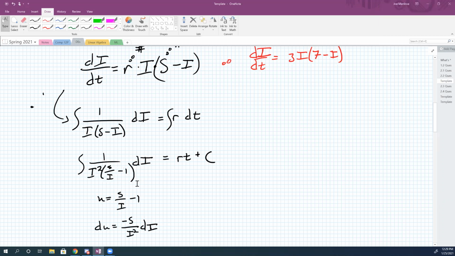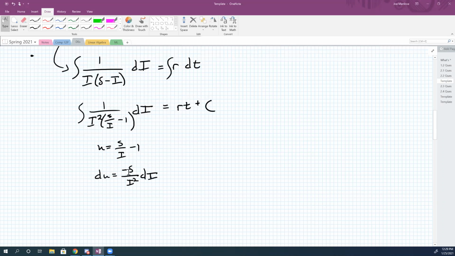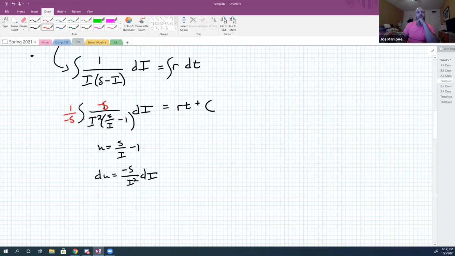Okay. So you're missing a negative S, so you'd have to factor that out to the front in your final integral. In order to get this done, I need a minus S in here, so I need a 1 over minus S out there. This is a weird U substitution method. Bridget, are you good? I'm good.